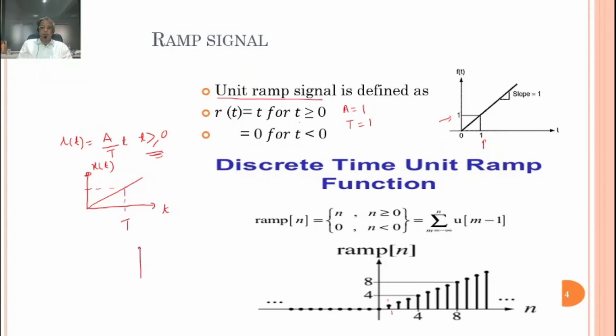If we integrate, this is an integrator circuit, and the input for this integrator circuit is the unit step signal, the previous signal. The output is the ramp signal. As we know, the integration of 1 dt equals t, and t is nothing but the ramp signal.